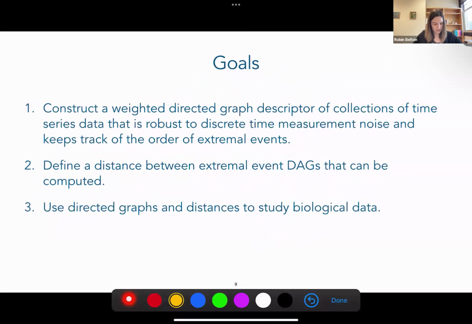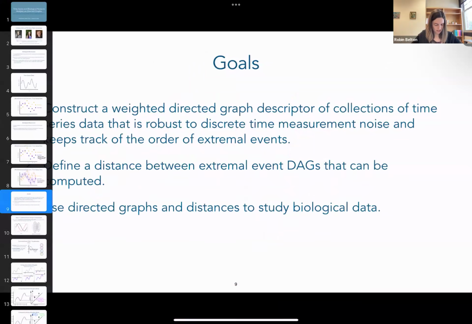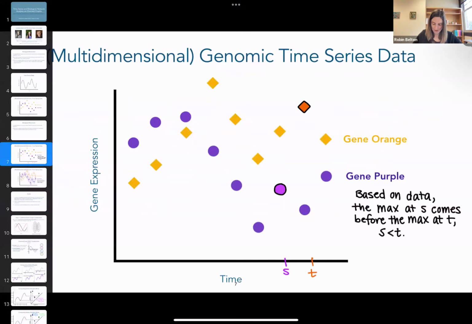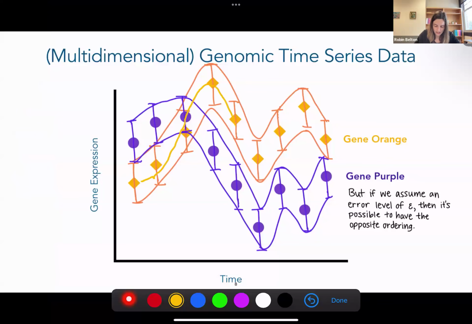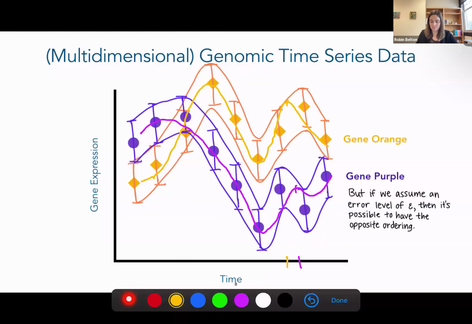So for our orange time series, we could get something that looks like this, whereas for our purple one, we could get something like that. And so now our purple max comes after our orange max here, which is the opposite of what happened before.